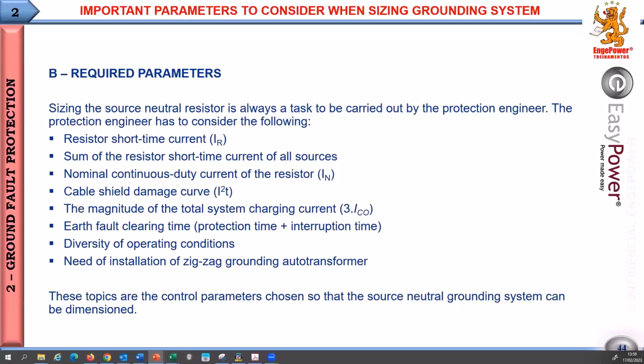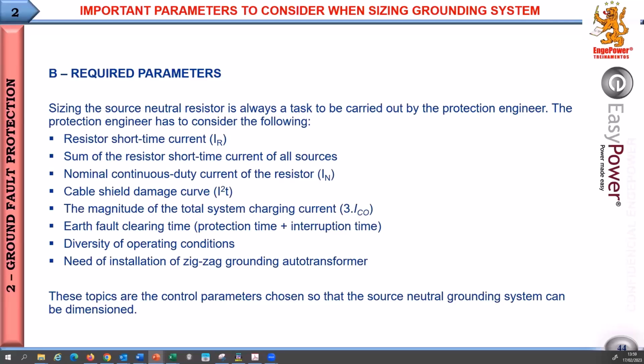The magnitude of total system charging current is 3IC0, so we have to calculate it. Earth fault clearing time, that is the protection time plus interruption time, and diversity of operating conditions. You have different operation conditions.